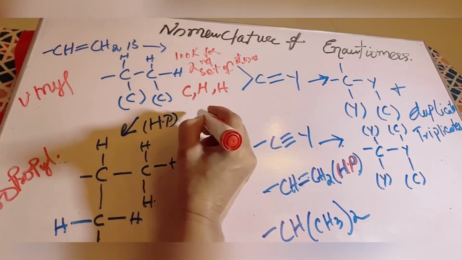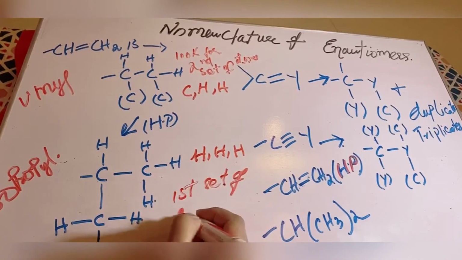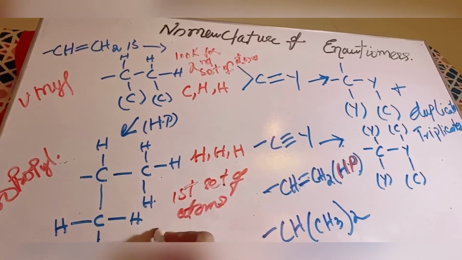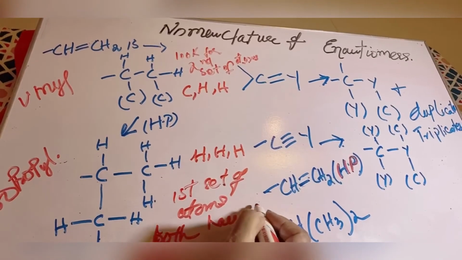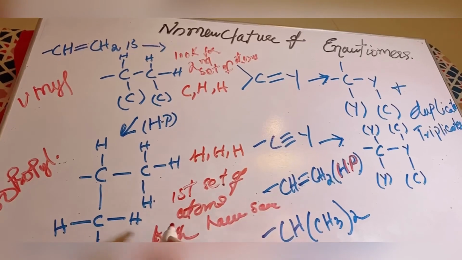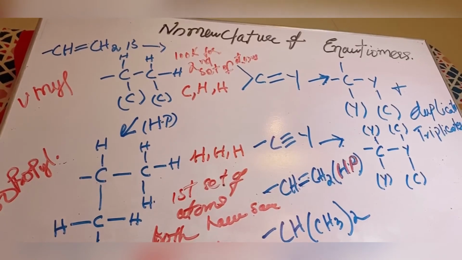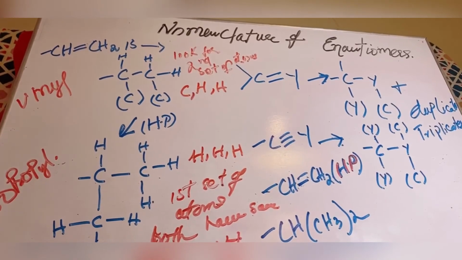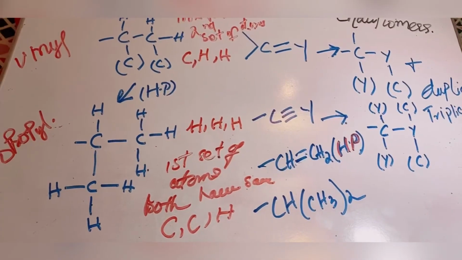The first set of atoms, both have the same connectivities, that is C, C and H. It was like C, C and H. Both have the same connectivities, right?